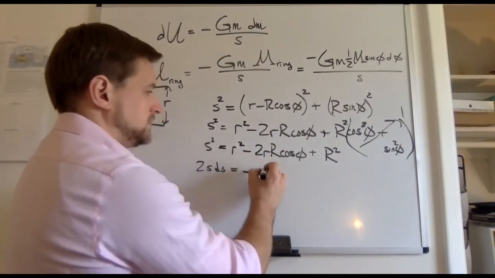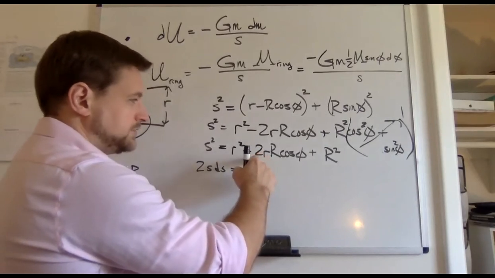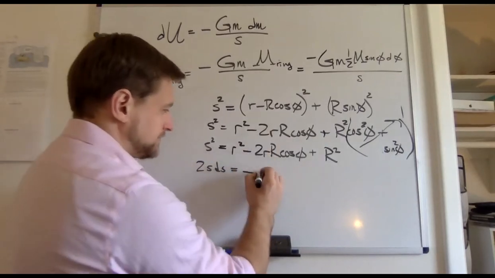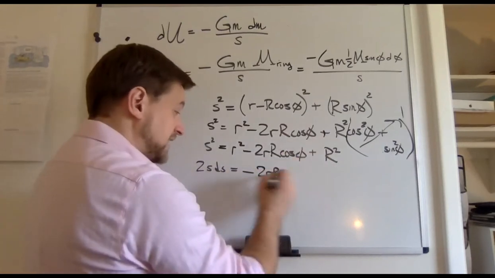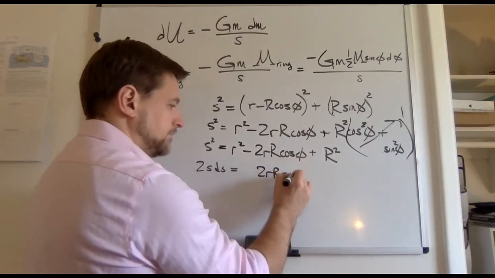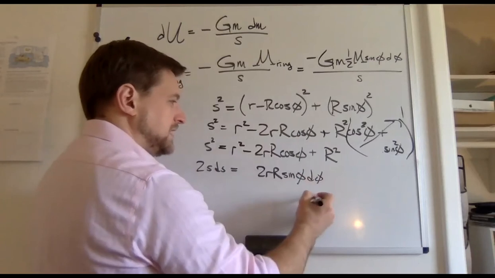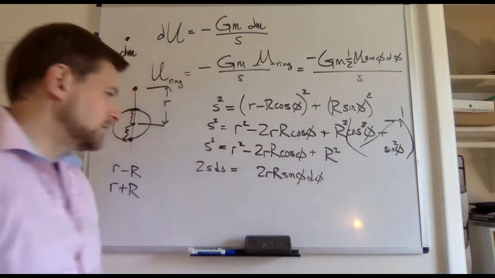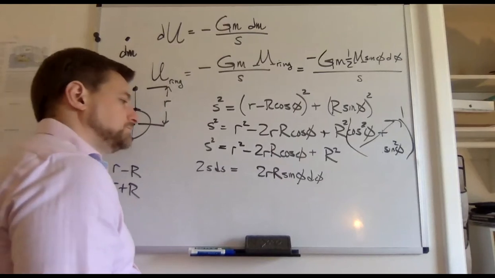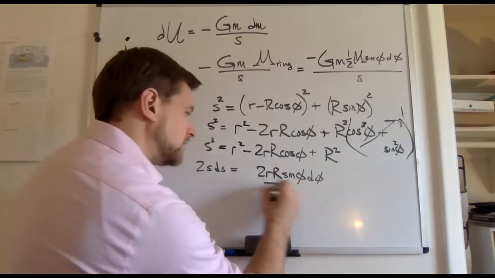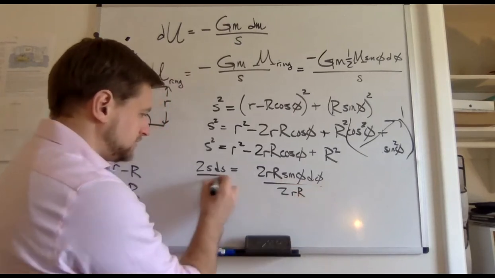Minus r to capital R, all constant, 2r. The derivative of cosine is negative sine times the derivative of the argument, d phi. R squared is constant, its derivative is 0. We divide both sides by 2r capital R.